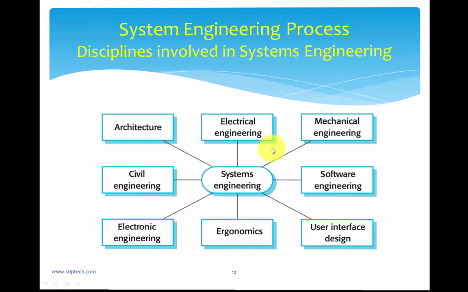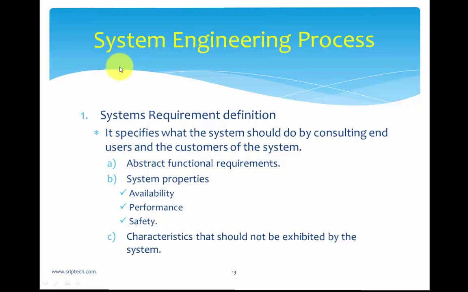If a project manager is designing a systems engineering project, it is very difficult for them to take ideas from various engineering disciplines, combine them, and build a system which can readily be used and deployed. So this slide talks about the various disciplines involved in system engineering. Fine.